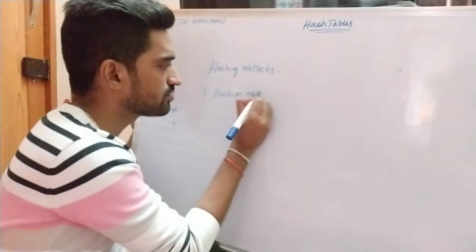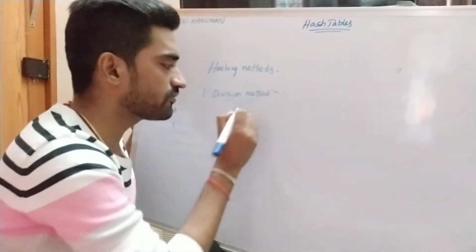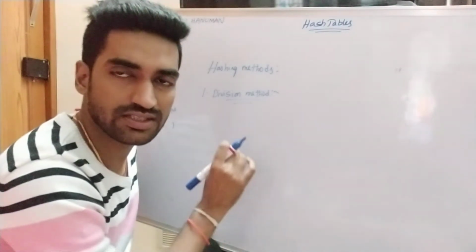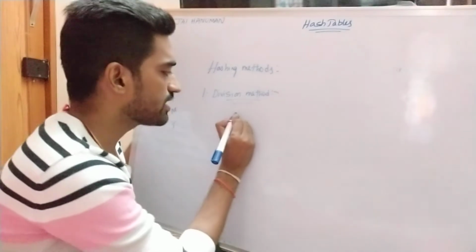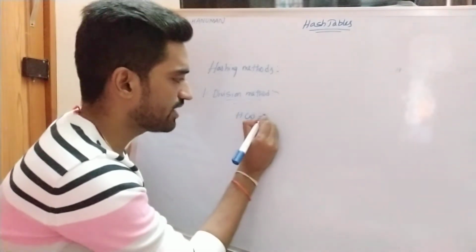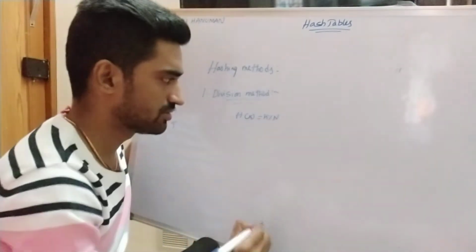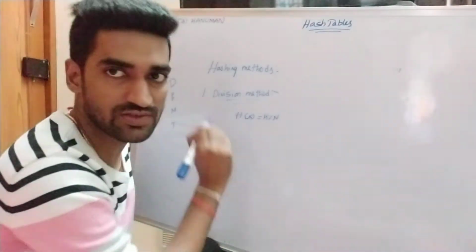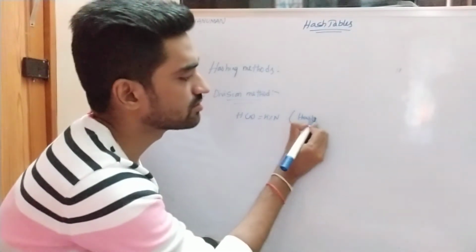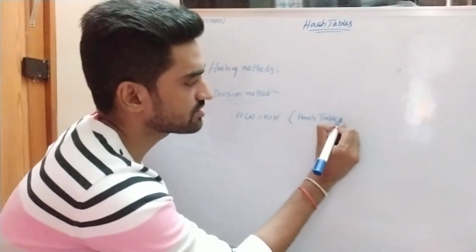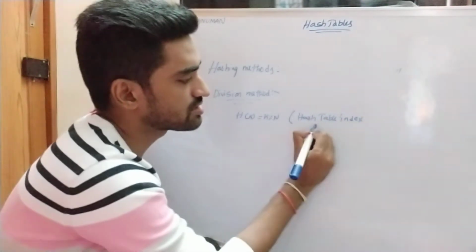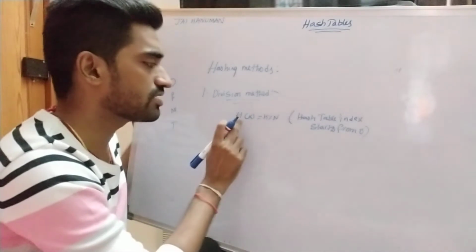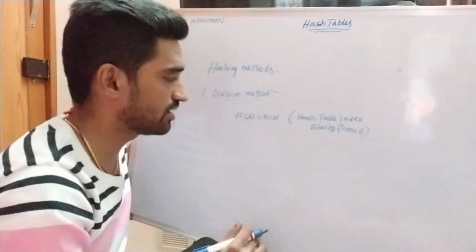Now in this method we are using 2 types of formulas to insert, search, or retrieve an element in the hash table. The first formula is H of k is equal to k modulo division of n. We already discussed this formula. In which cases are we using it? When the hash table index starts from 0, we use H of k is equal to k modulo division of n, right?